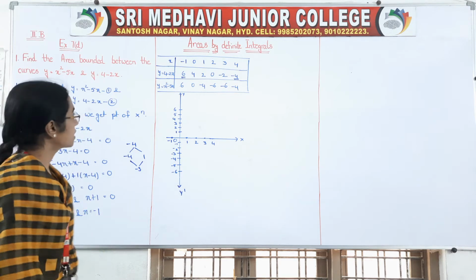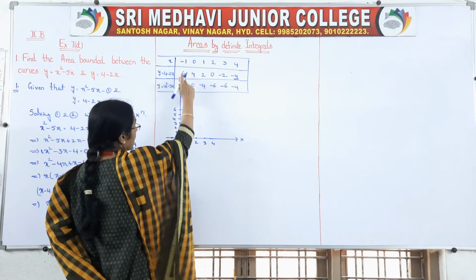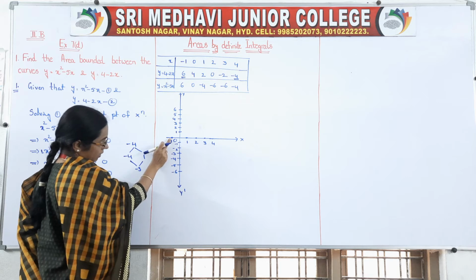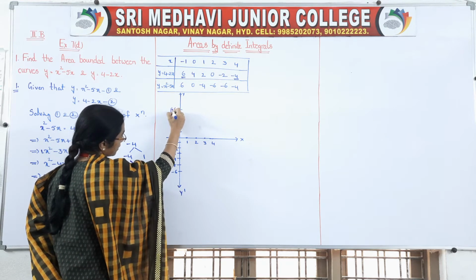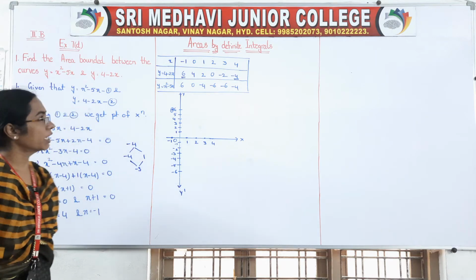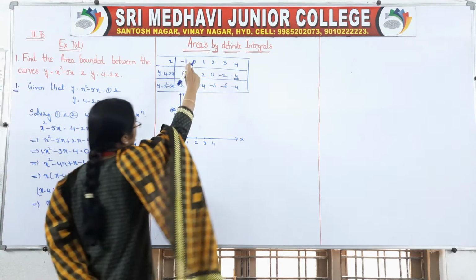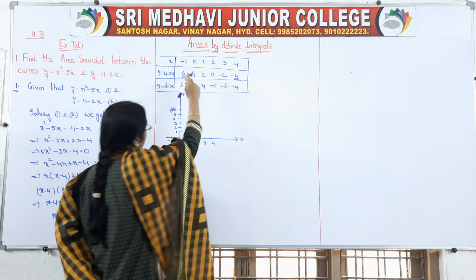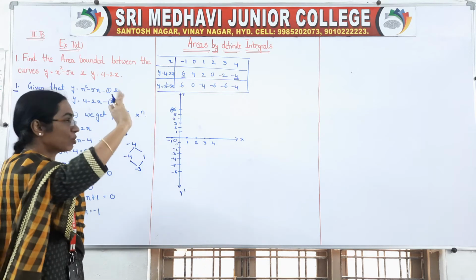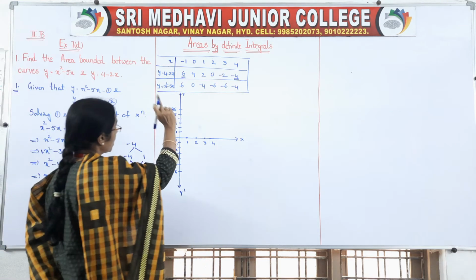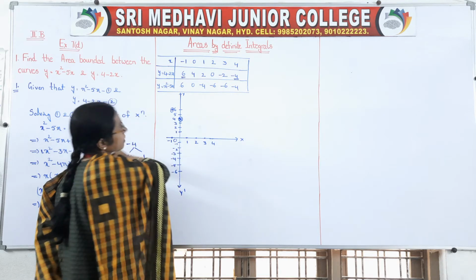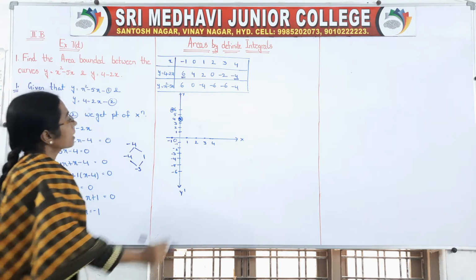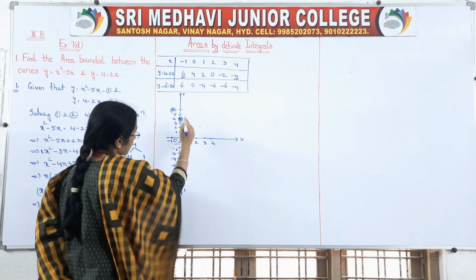Okay, so first one, minus 1 on x axis at 6, so this is the point. Okay, so next 0 at 4, x axis 0, y axis 4, that means the point is on y axis. Okay, next x axis 1, y axis 2.